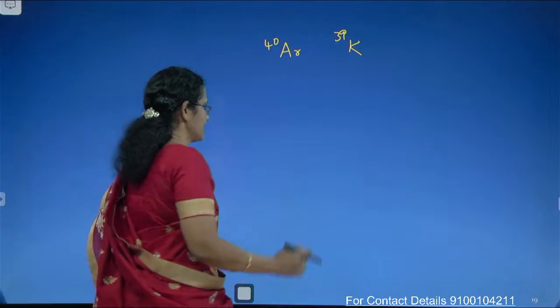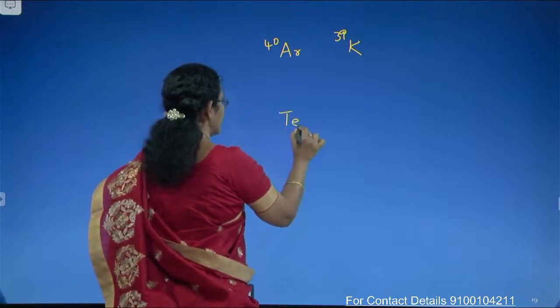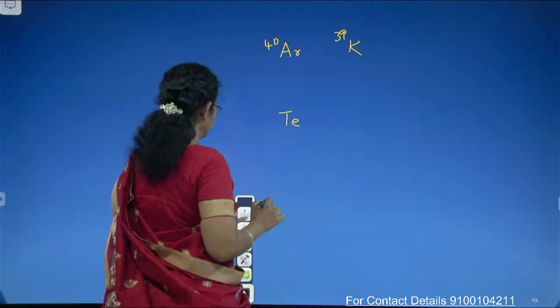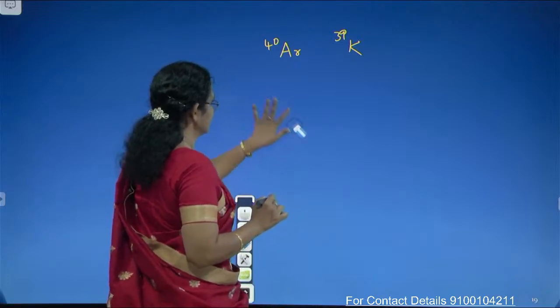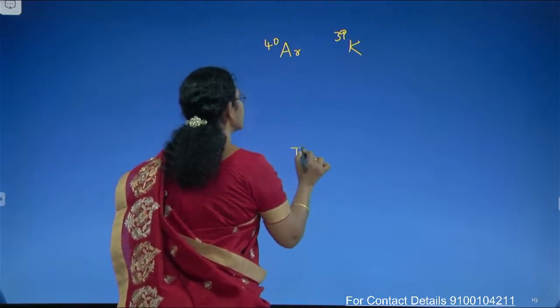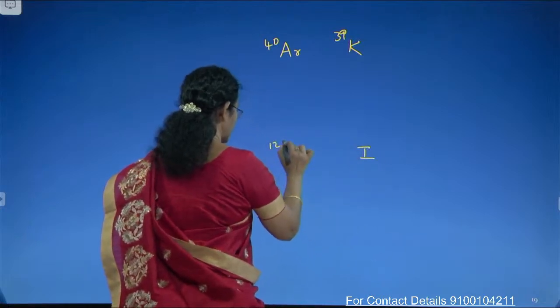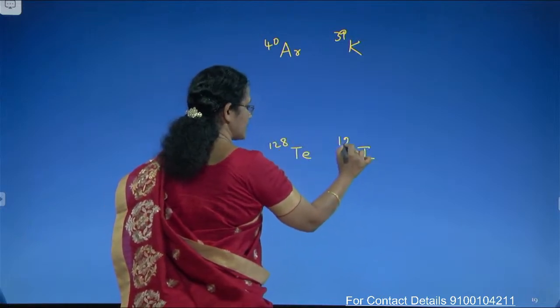For example, if I take tellurium, iodine, I am writing here, 128, 127.